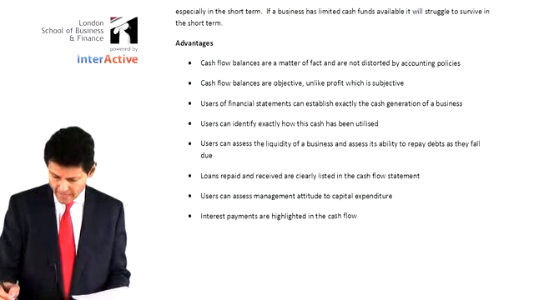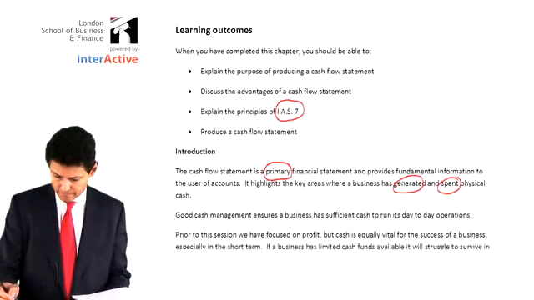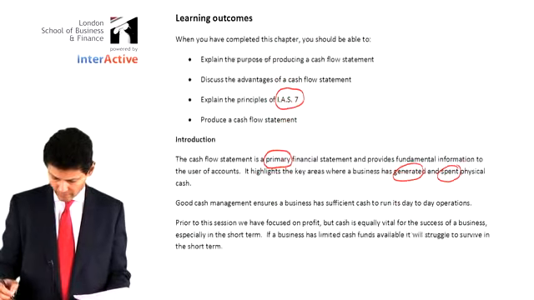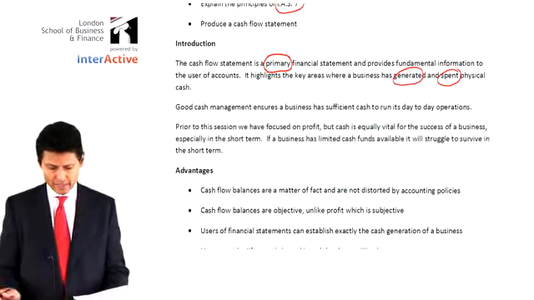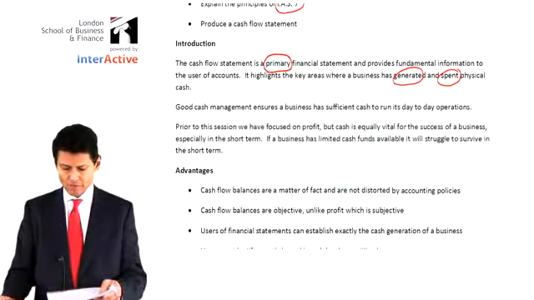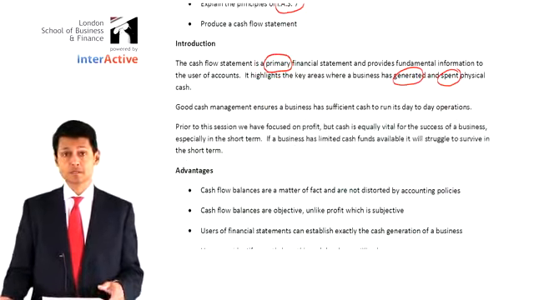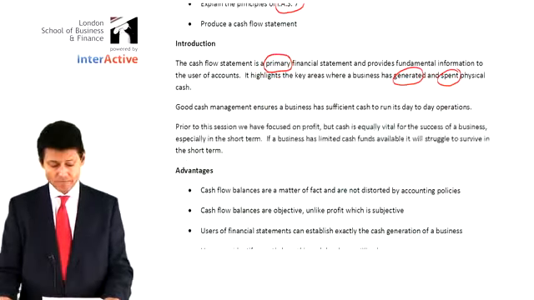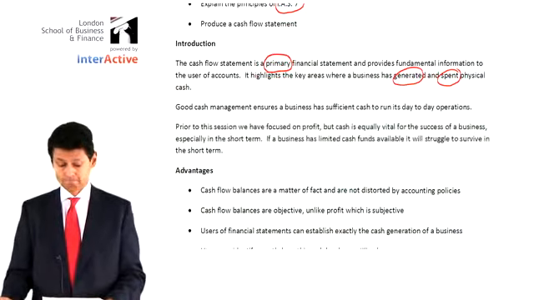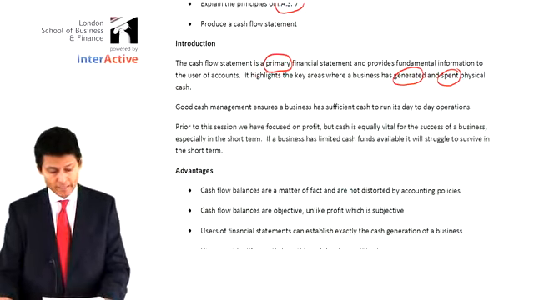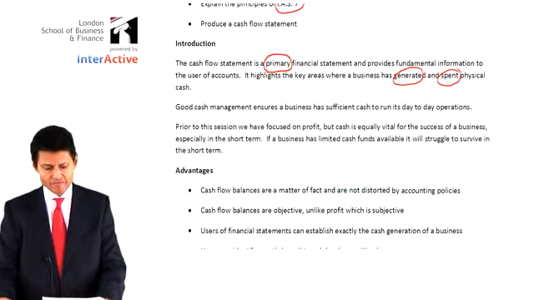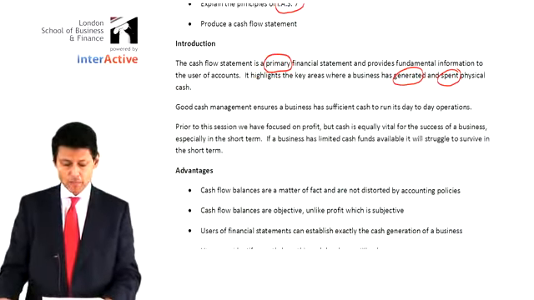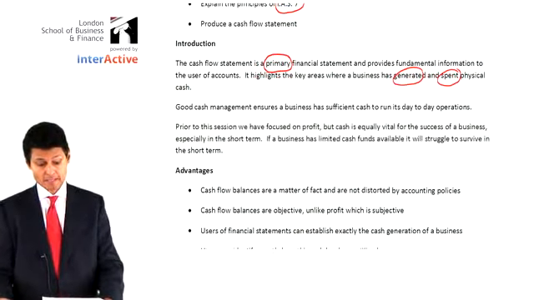What else is there? Good cash management ensures a business has sufficient cash to run its day-to-day operations. Absolutely crucial, especially these days in an economic downturn. Prior to this session, we have focused on profit, but cash is equally vital for the success of a business.